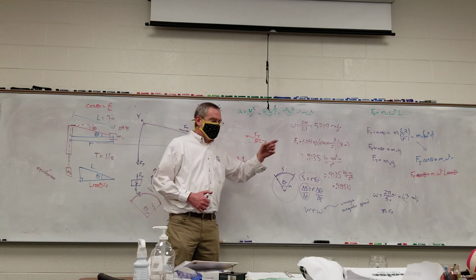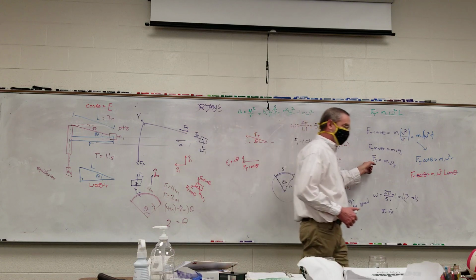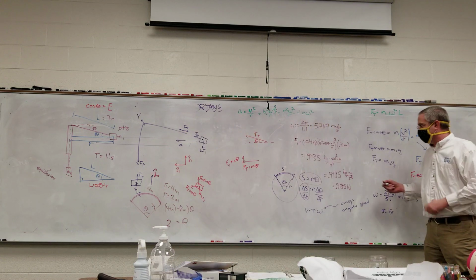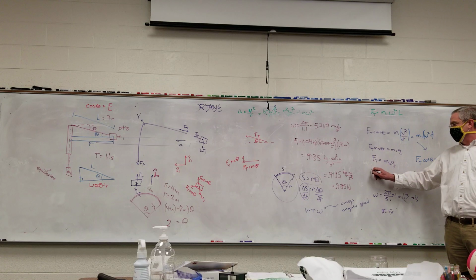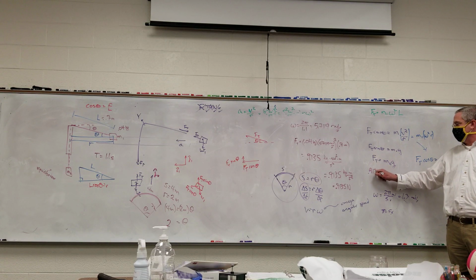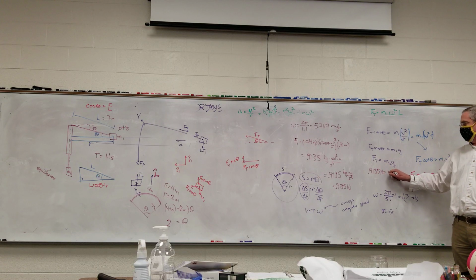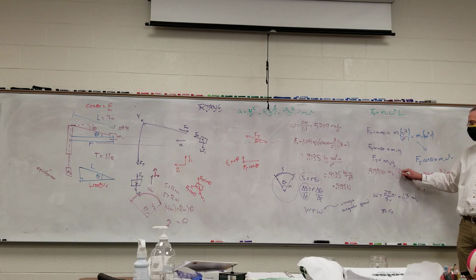Now ultimately I wanted to find the mass here, but that's my tension, which is, well, I got something right over here. I got my equation from mass 2 down there. So this is 0.9135 newtons is equal to my mass 2 times 9.8 meters per second squared.